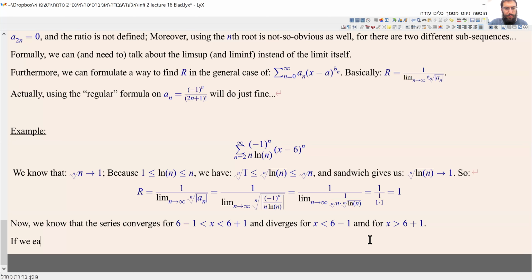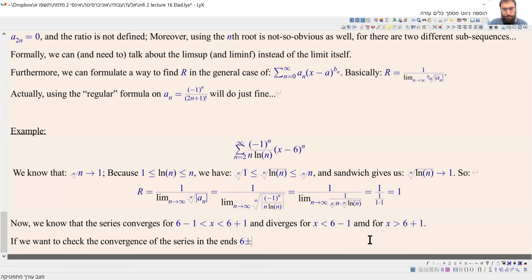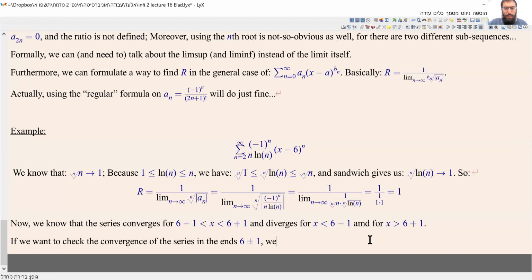If we want to check the convergence of the series in the ends, 6 plus minus 1, we do it manually. We just put it instead of x and see what series we get.